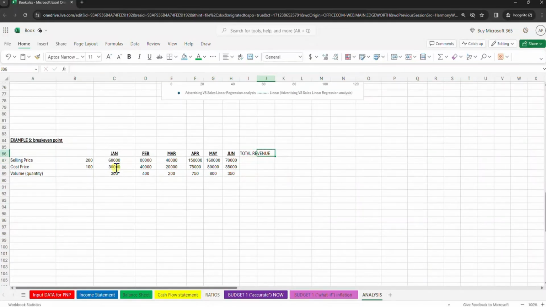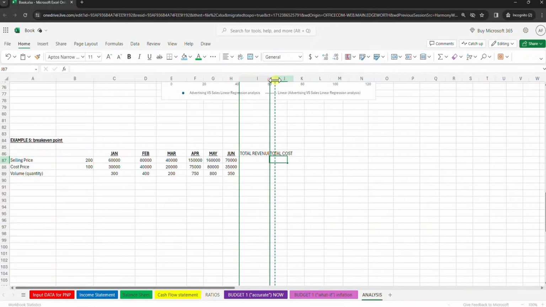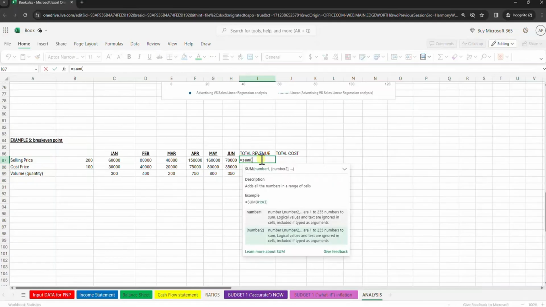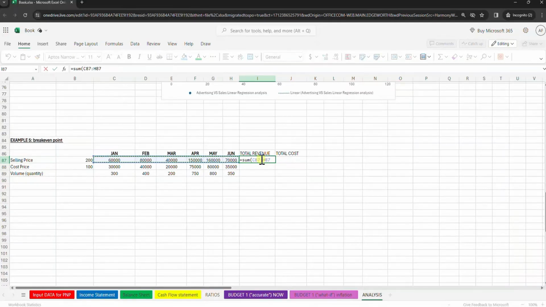Total revenue, total costs. Total revenue would be the sum of all of those, and the total cost would be the sum of all of those.